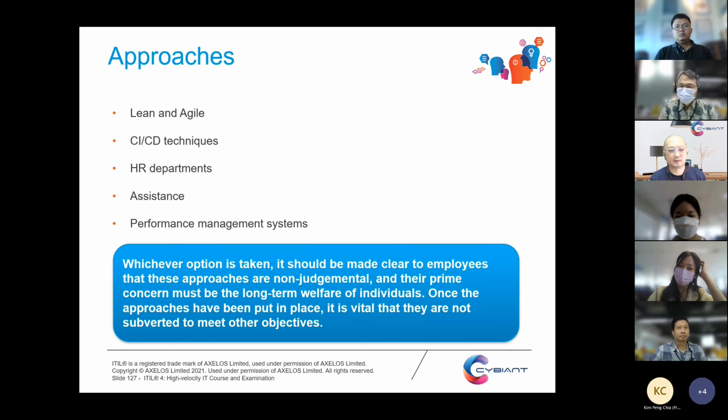So the key here, if you read the caption in blue, it says non-judgmental. That means don't judge the staff, why they behave or why they have certain needs.